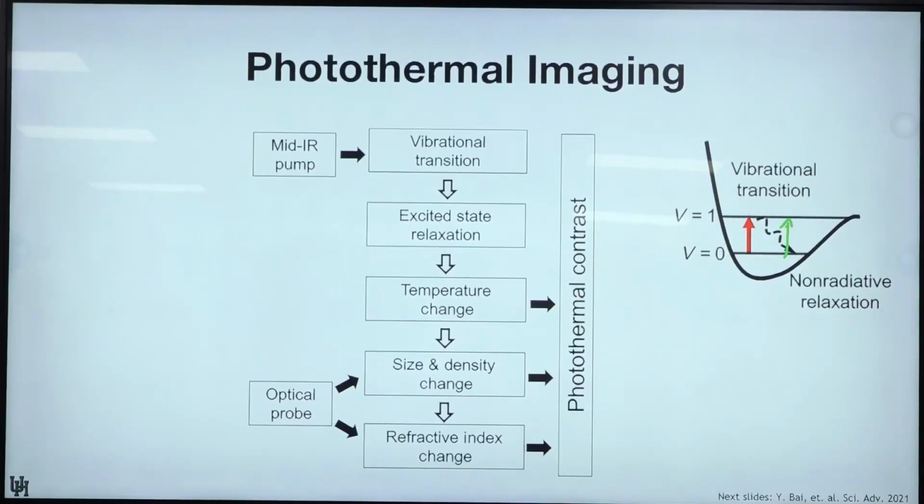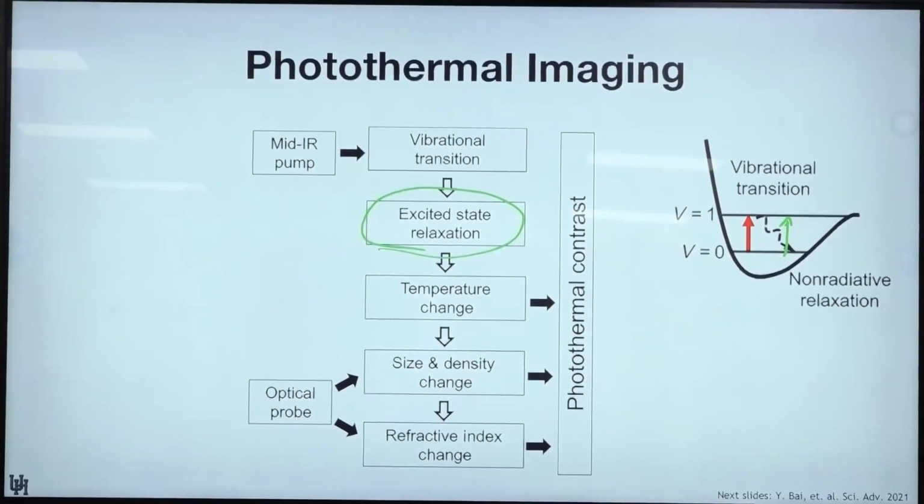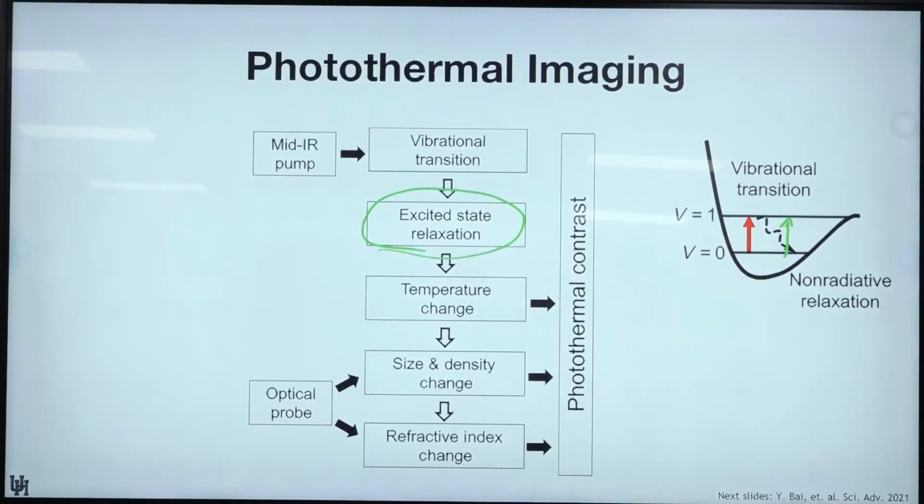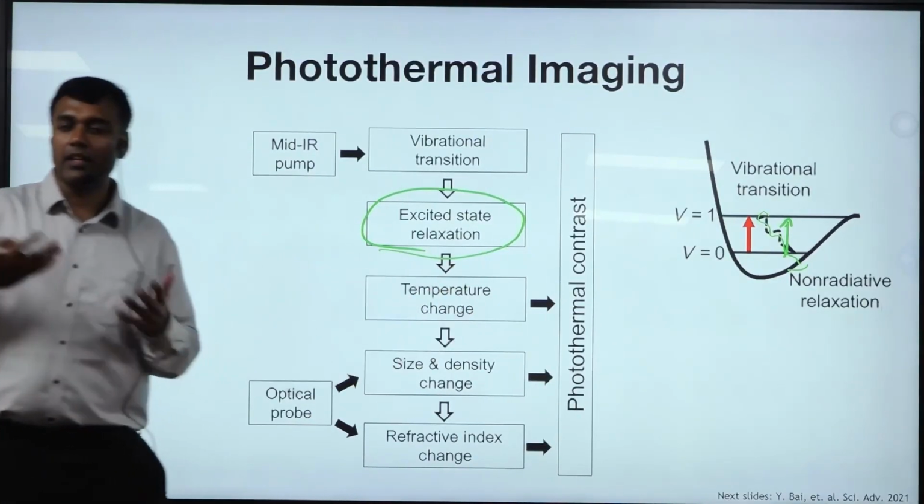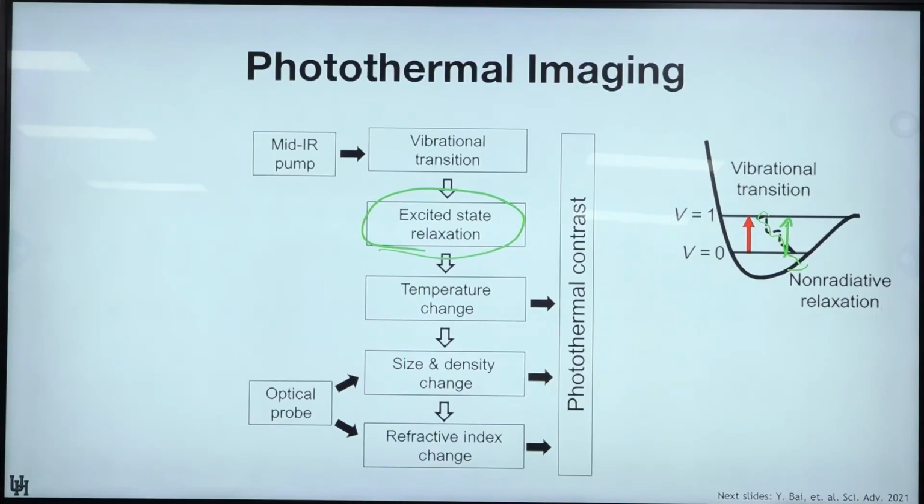When there is a transition, the molecule goes to an excited state, and then it relaxes, coming back down over some time. Whenever it relaxes, the energy has to go somewhere. It becomes thermal. What is thermal? It's the jiggling of molecules, an increase in the average kinetic energy of molecules.